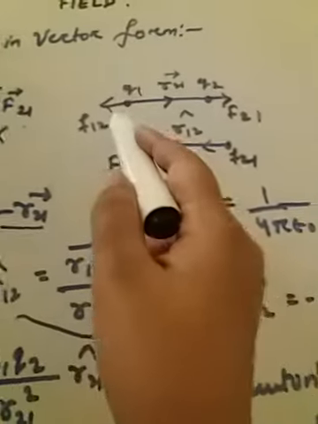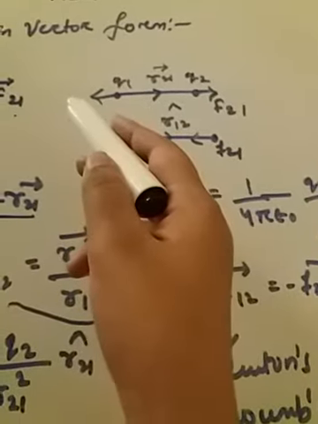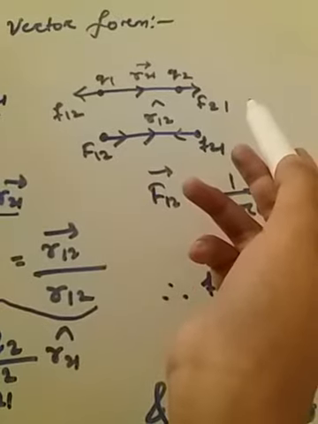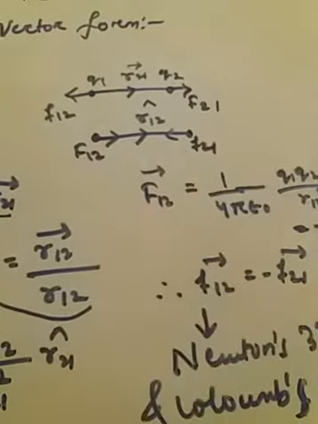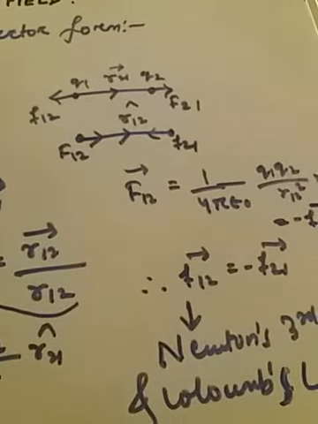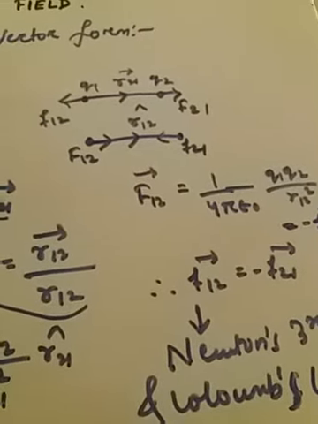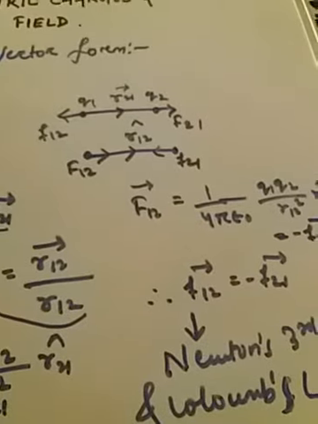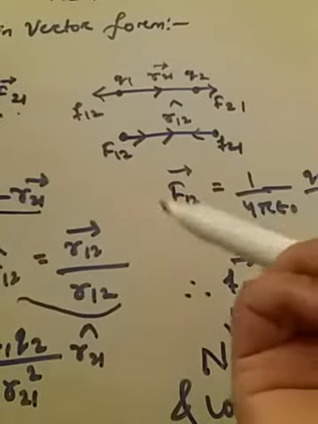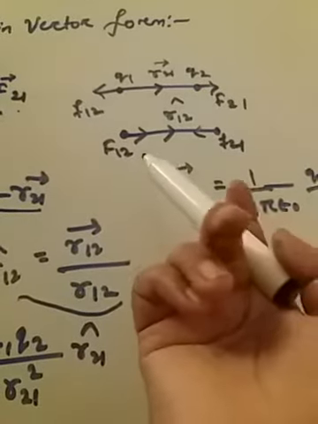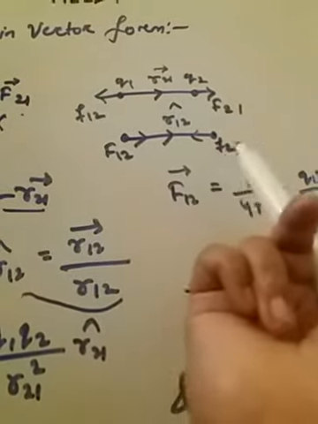So see here, force 12 is going in this direction and force 21 is going in the opposite direction. The r21 vector is in the direction of the f21 vector.